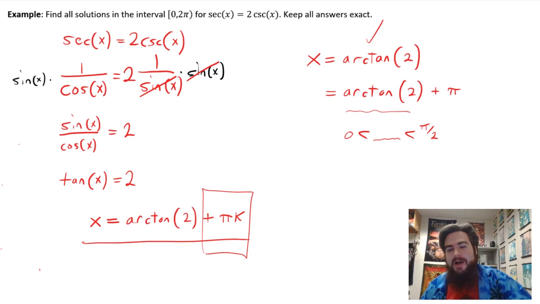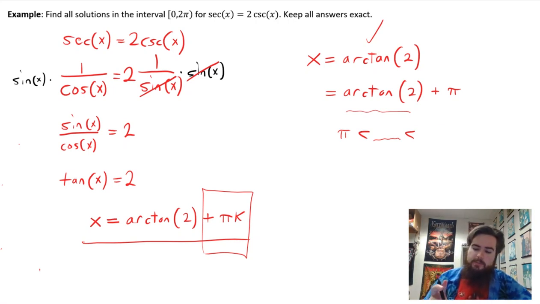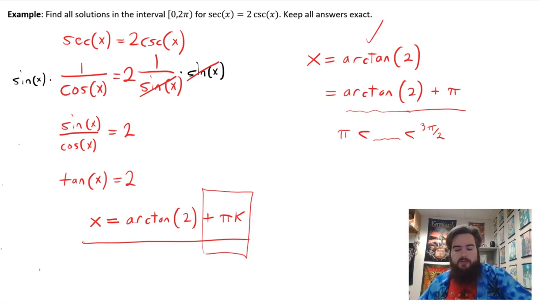And if I add pi to it, then at minimum, it'll be at least pi. And at maximum, it'll be at most, well, not 2 pi, 3 pi over 2. Pi halves plus pi. Well, if this is between pi and 3 pi over 2, then that means it's also between 0 and 2 pi. So this solution also works.